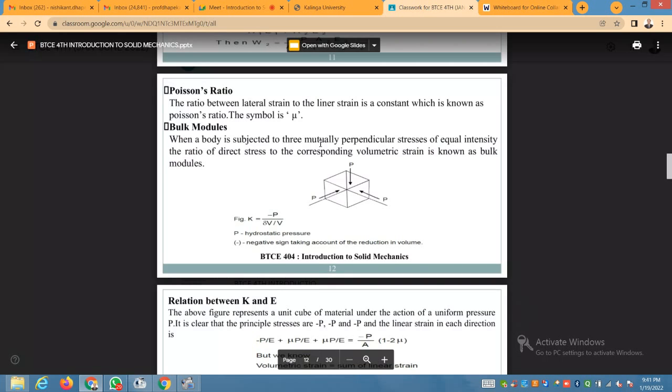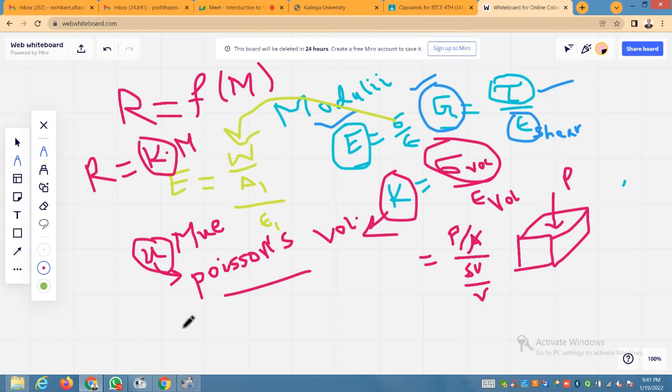So what is Poisson's ratio and how do we define it? Poisson's ratio is defined as lateral strain upon linear strain.